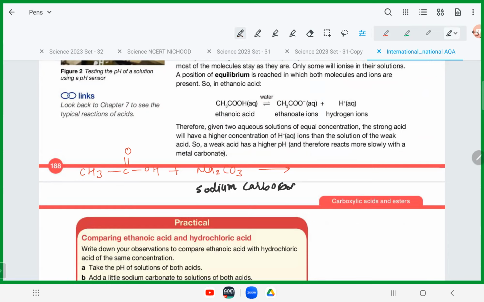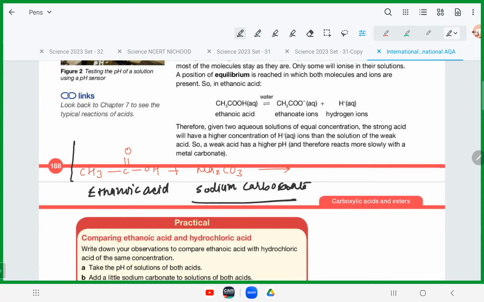This is the acetic acid, or you can say ethanoic acid. Sodium carbonate is also called washing soda, which you can use at home. So what is it going to give here? They are saying it is going to give the sodium salt of the carboxylic acid.